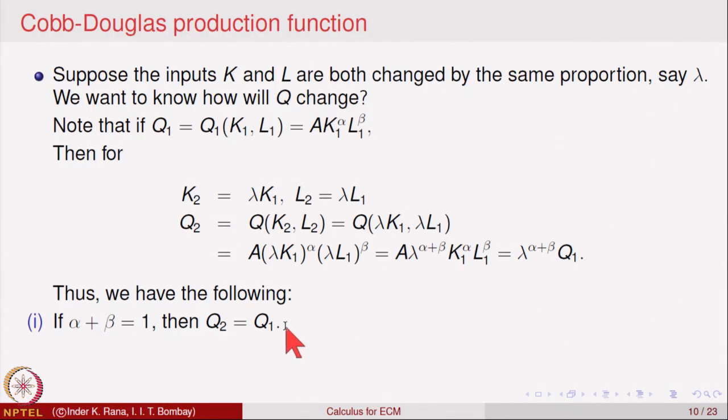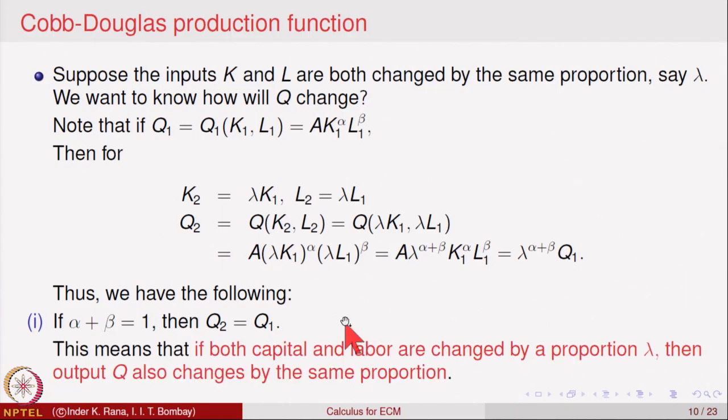In this Cobb-Douglas model, Q equals A K to the alpha L to the beta; if alpha plus beta is equal to 1 and you change K and L proportionally, then output changes by the same proportion. This means both capital and labor are changed by a proportion lambda, and then output Q also changes by the same proportion. Okay.